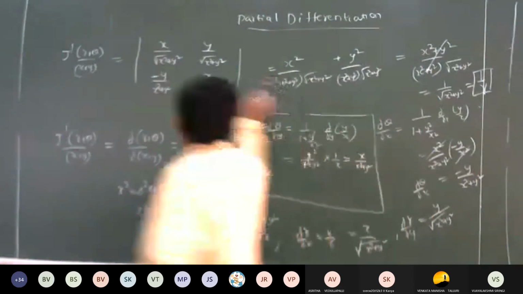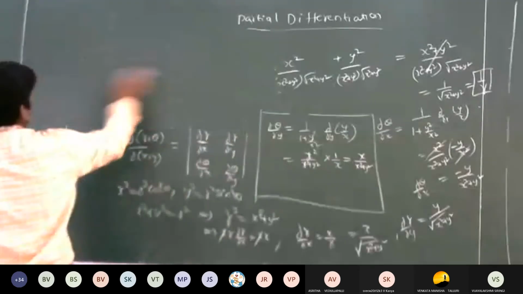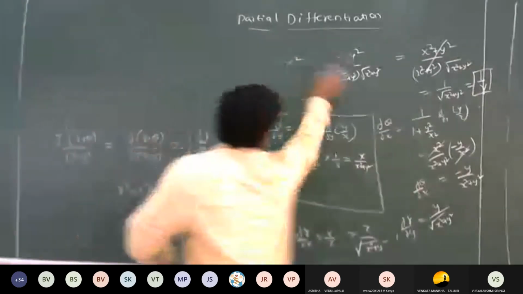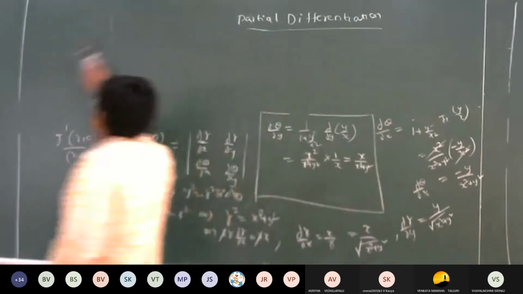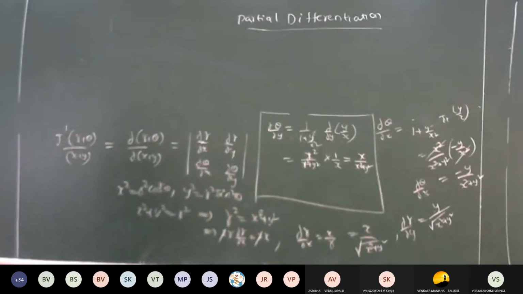Similarly, like this problem, I will give one problem to you. Then you can solve that problem using the same concept; that is also one of the important problems.